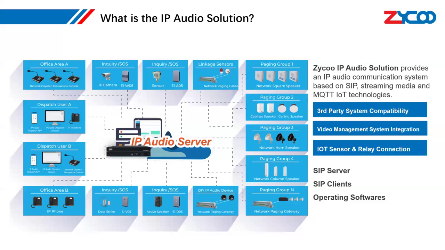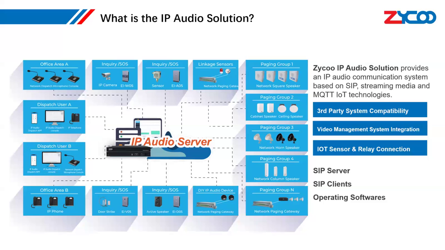The advantage of our IPPA system is that we support third-party system compatibility. In the market, most manufacturers sell speakers only, or intercoms only, or software only, but we can provide an all-in-one solution for customers.